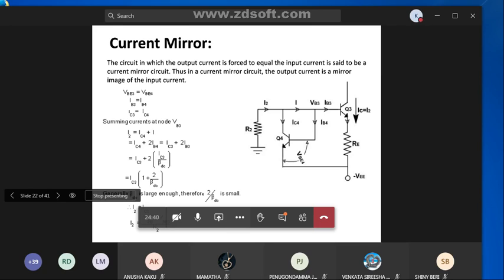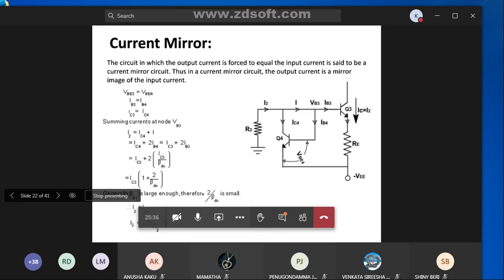Since the transistors have the same characteristics and are of the same type, VBE3 equals VBE4, IB3 equals IB4, and IC3 equals IC4.